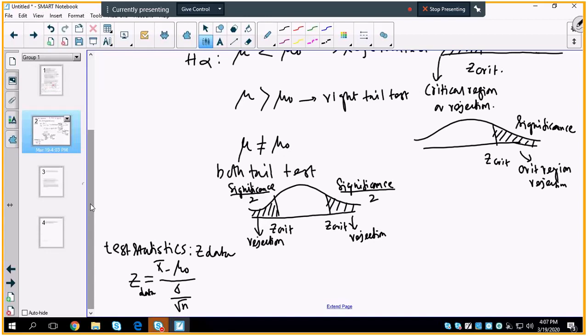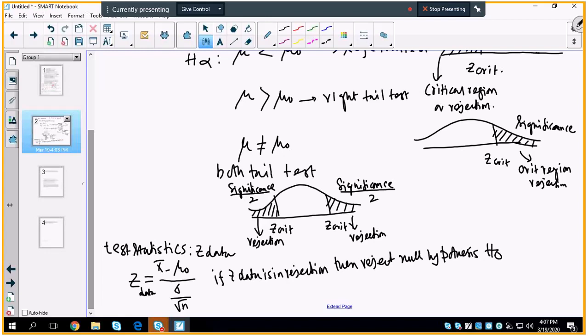And if your Z data is in the rejection region, then reject the null hypothesis. And you know, we call the null hypothesis by writing H naught.